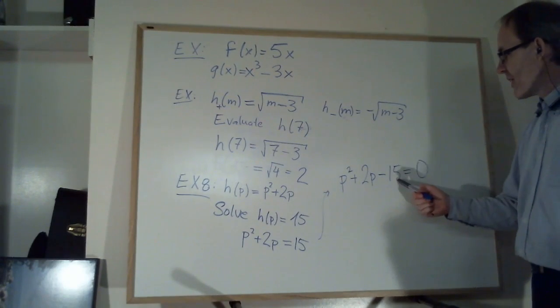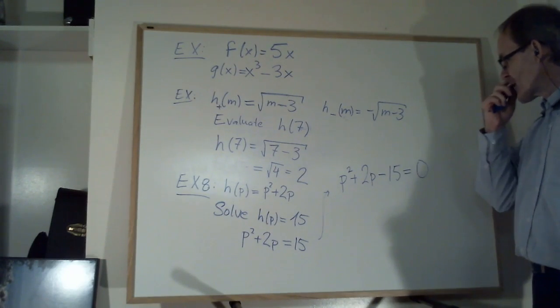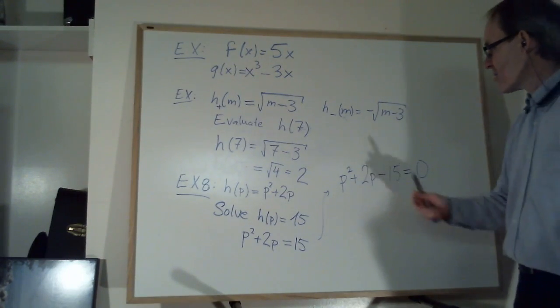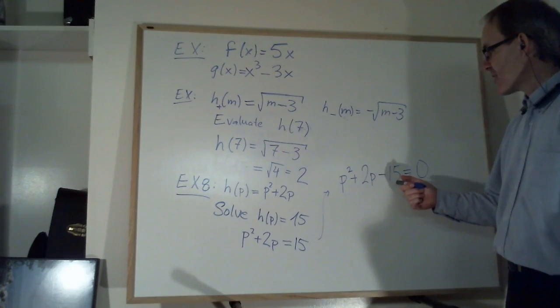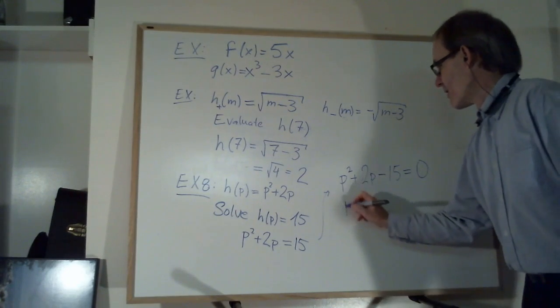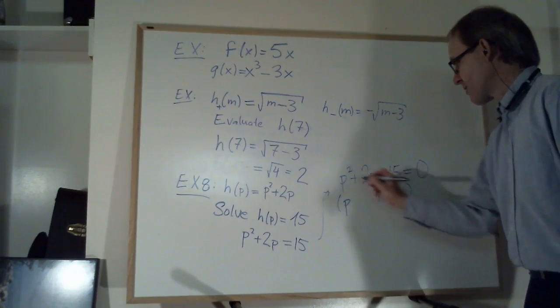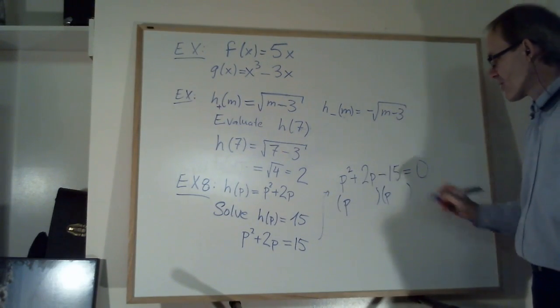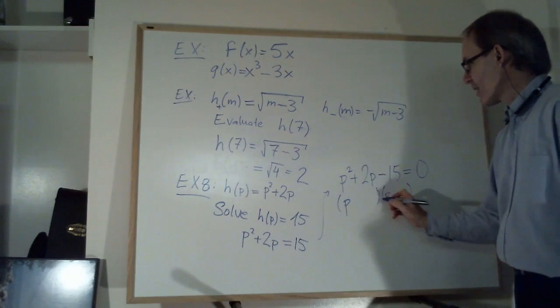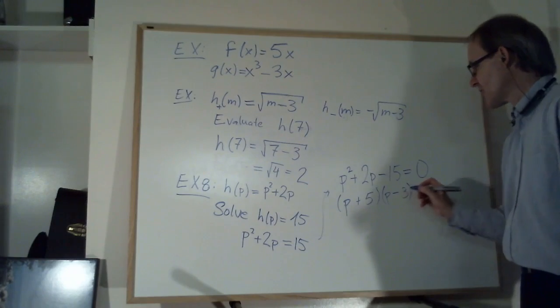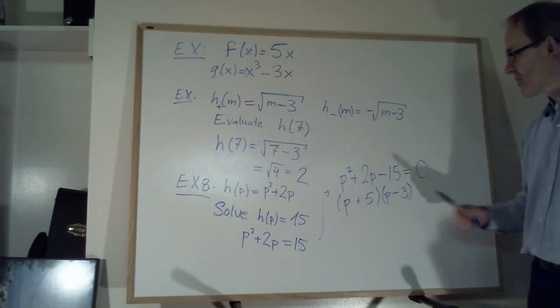So I need to find two factors such that when you add them together you get 2, and when you multiply them together you get minus 15. The first parts of these two factors will both be p, right? So I'll have to have two numbers with different signs. One will be plus 5, and minus 3.